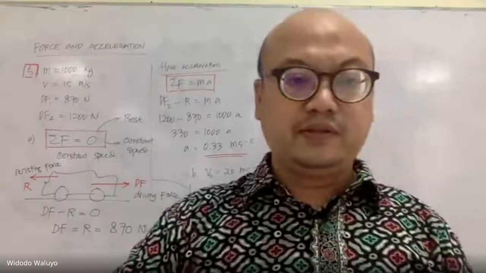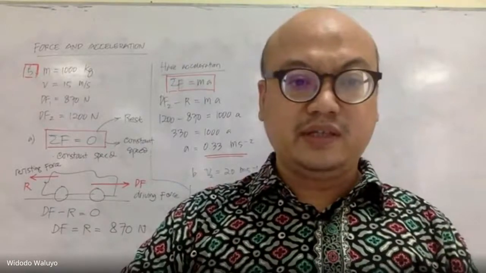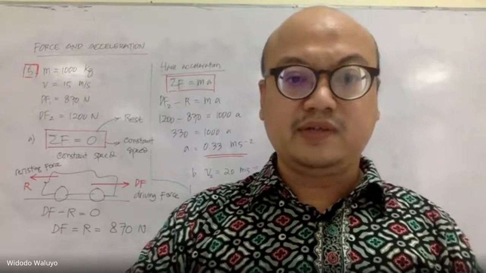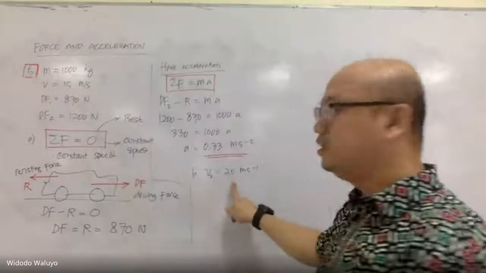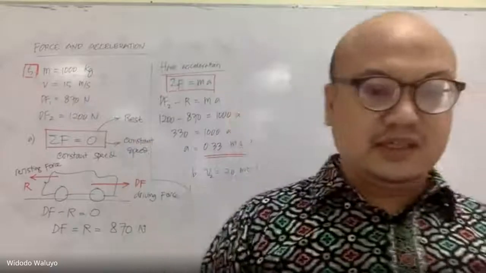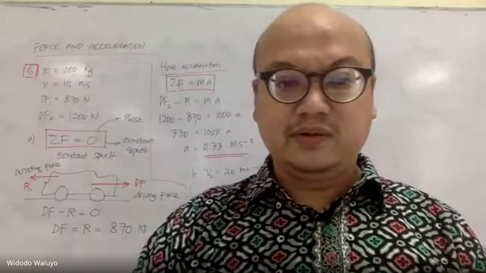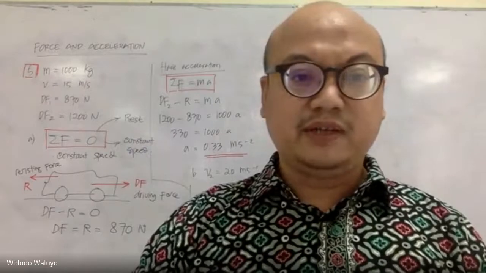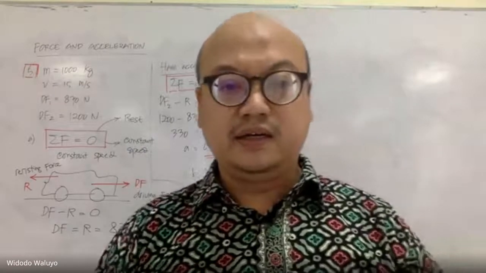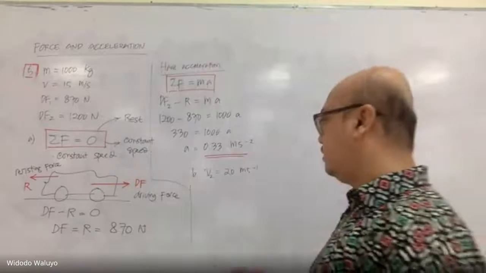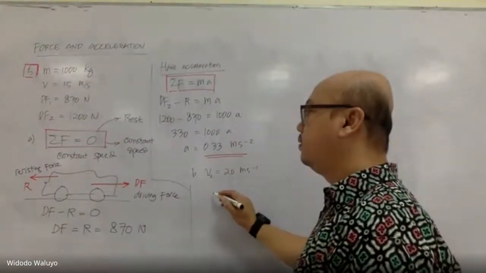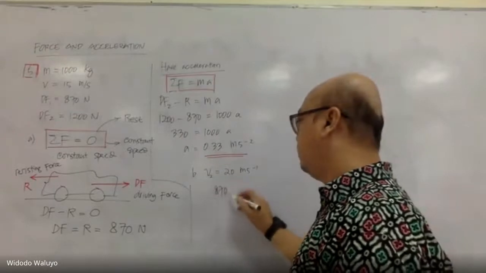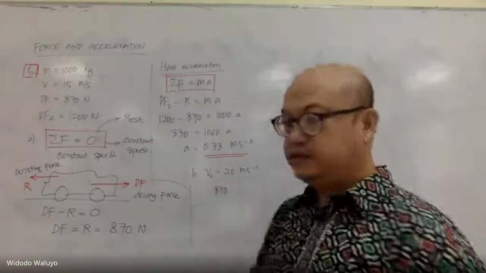We have two conditions of velocity. The first velocity is 15 meter second, the second velocity is 20 meter second. This is actually about the ratio between force and velocity.